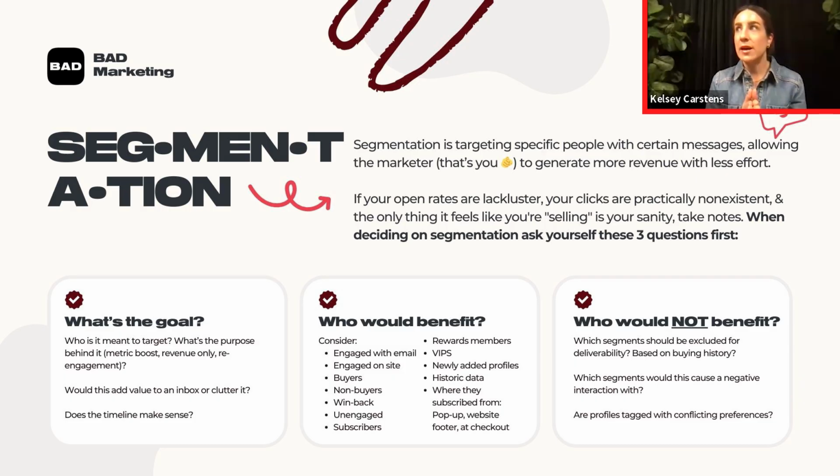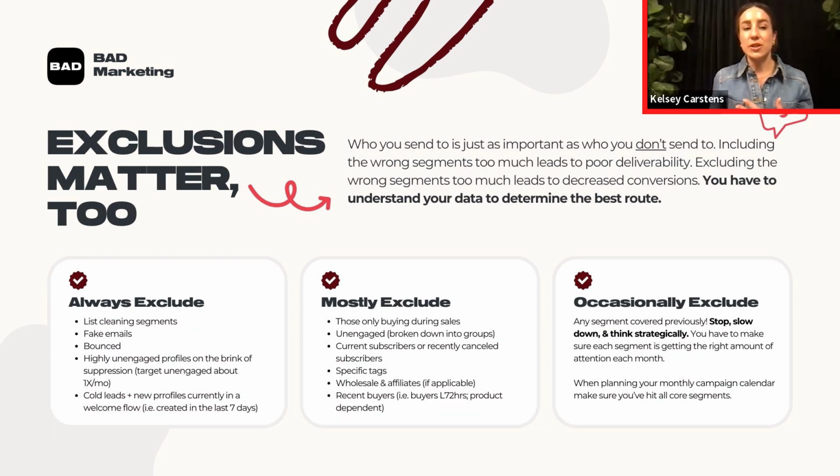If you've collected data in your welcome flow or through engagement campaigns and you have profile tags, and someone has specifically said that they don't care about the topic your newsletter covers, you also probably don't want to target them with that information. So you really have to dig deep and understand what the purpose is and who would and would not benefit, and whether it's going to rub them the wrong way. Exclusions matter just as much as inclusions.